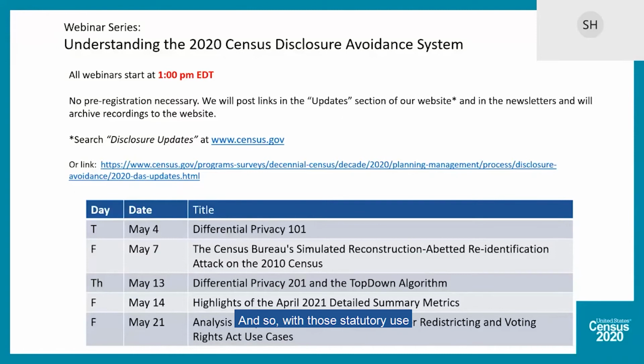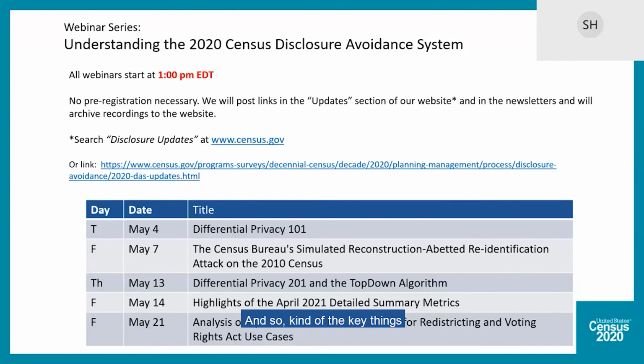And so with those statutory use cases at the forefront, we conferred with attorneys at the Department of Justice's Voting Rights Section and with redistrictors and civil rights groups and others on what their concerns were regarding accuracy for this data product. And based on the feedback that we got from those data users, we established a standard that we would use for the experimental tunings that we were doing for this demonstration data release.